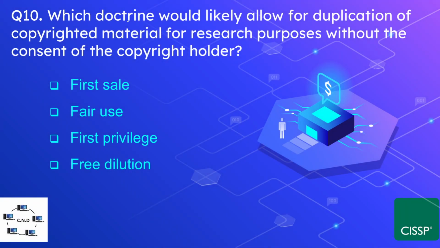Question number 10 is: which doctrine would likely allow for duplication of copyright material for research purposes without consent of the copyright holder? The options are first sale, fair use, first privilege, and free dilution. And the correct answer is fair use.